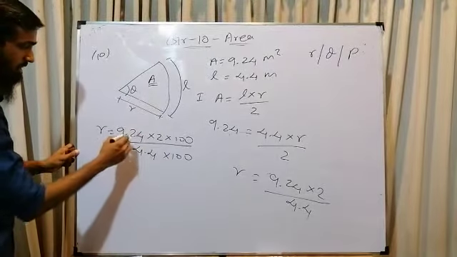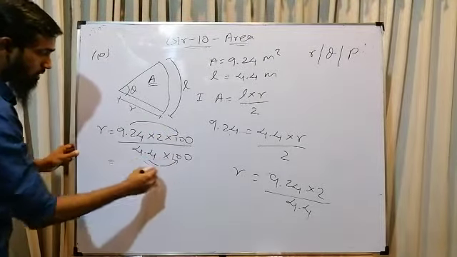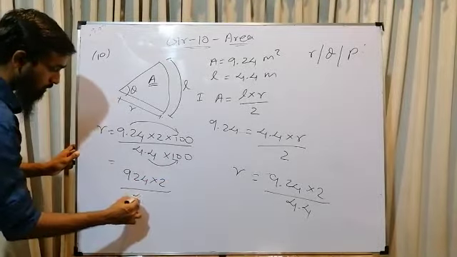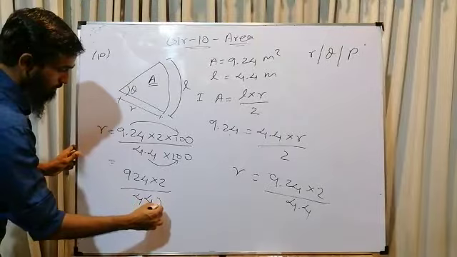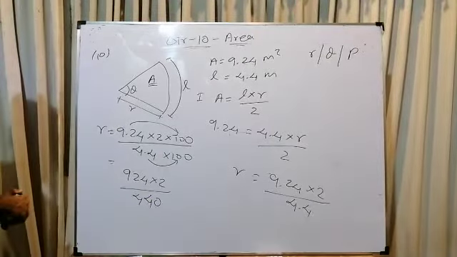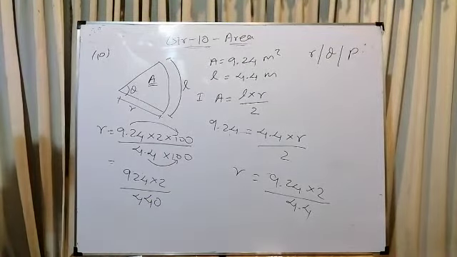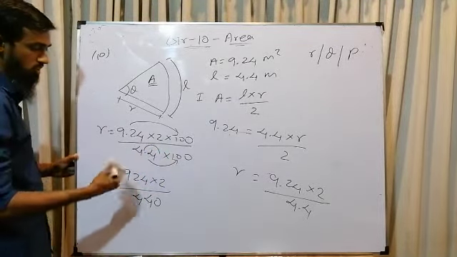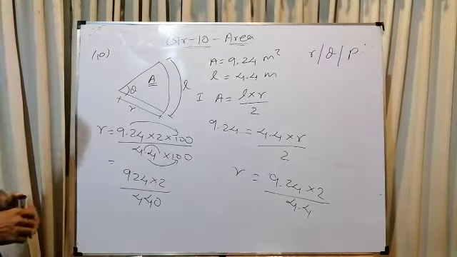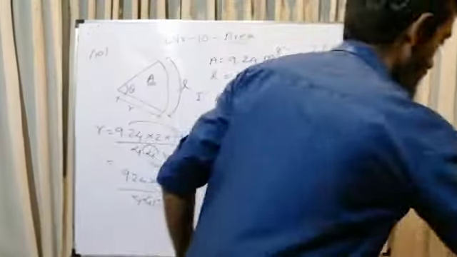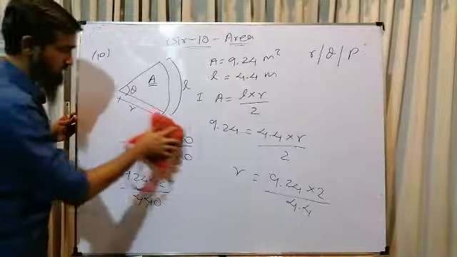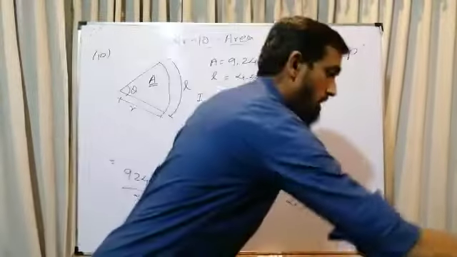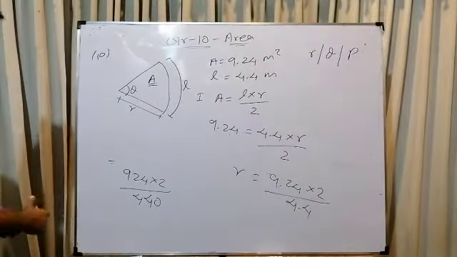If you multiply by 100, both numbers are going to change. 924 into 2 over 440. This is just for your knowledge, it is not part of the answer. We just change the decimal values into whole numbers.